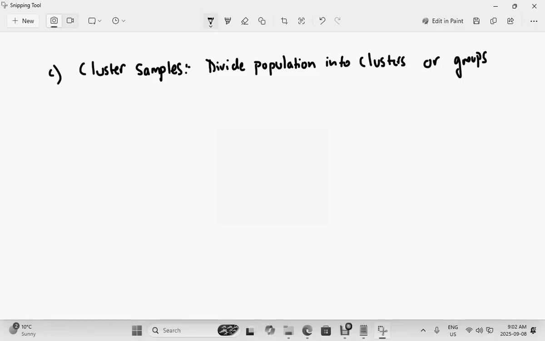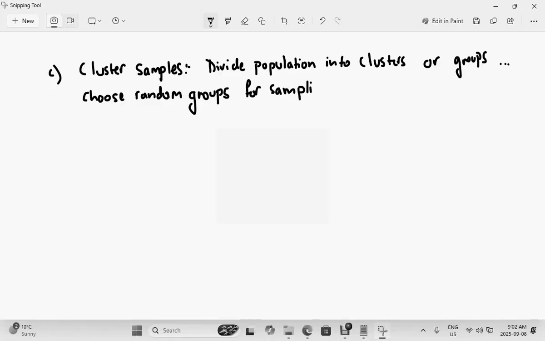And then you choose random groups, let's say 3 groups out of 10, for sampling. So say, for example, you have a department store, and the employer wants to know if the employees are satisfied with their work and the work environment.